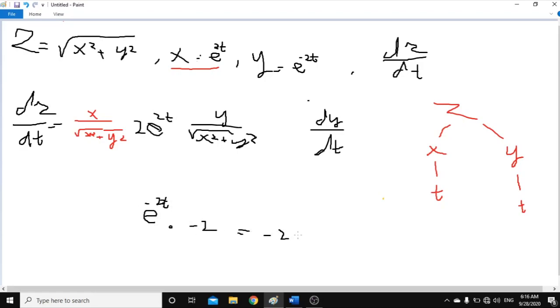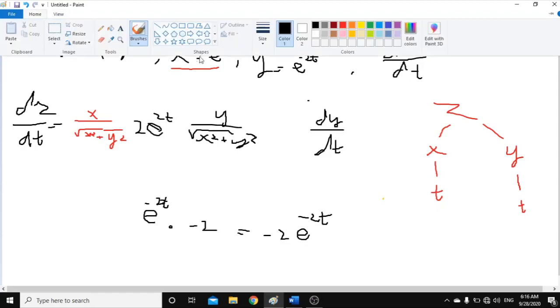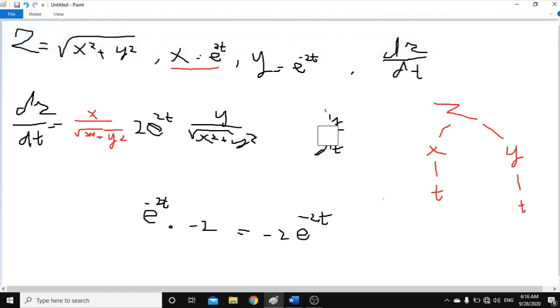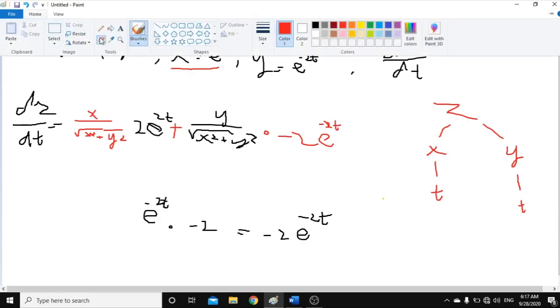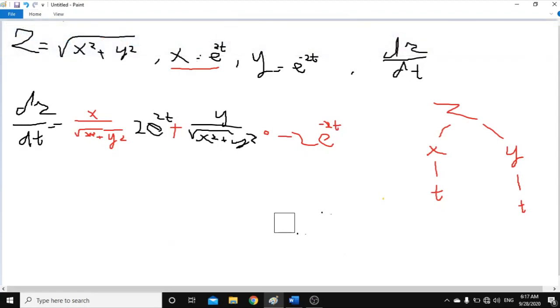The answer is negative 2e to the negative 2t. Yeah, and this is the final answer for this equation. We can cancel this one, and we write here plus, and then multiply negative 2e to the negative 2t. Yeah, and this is the final answer for this equation.